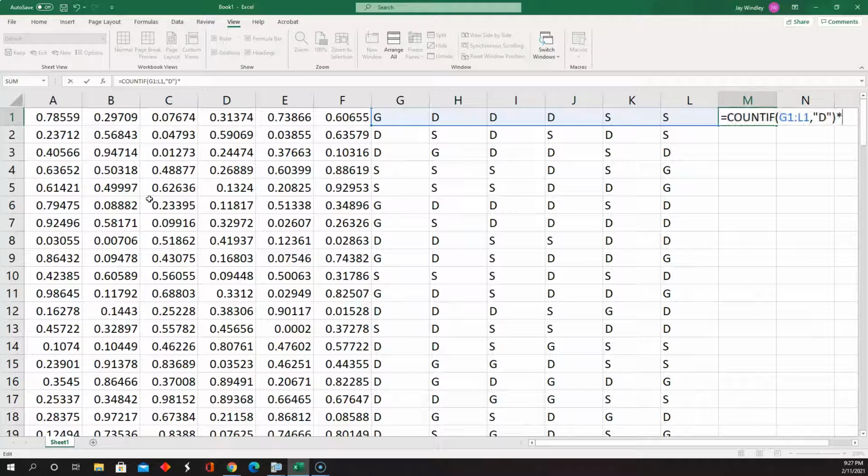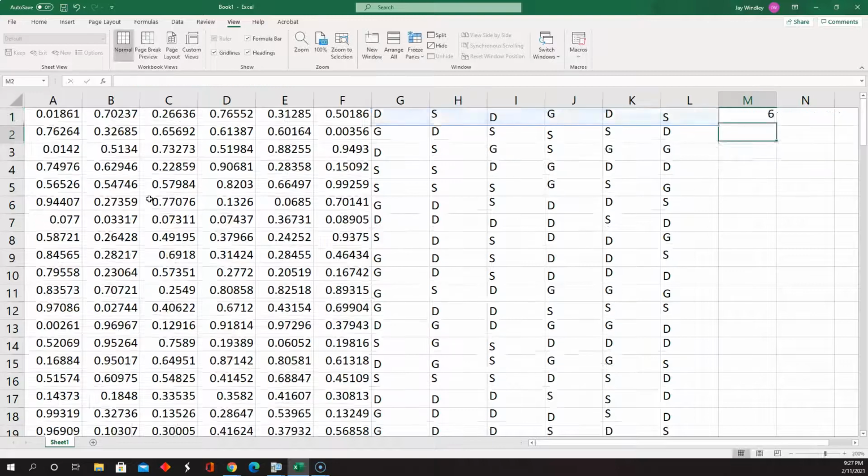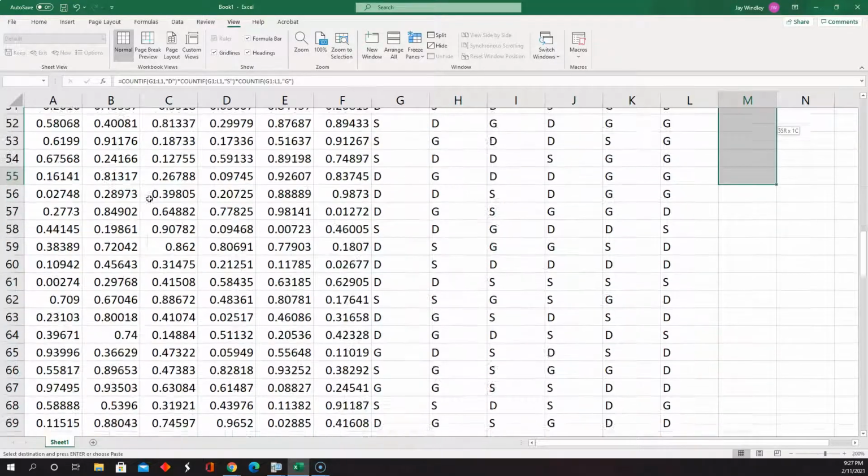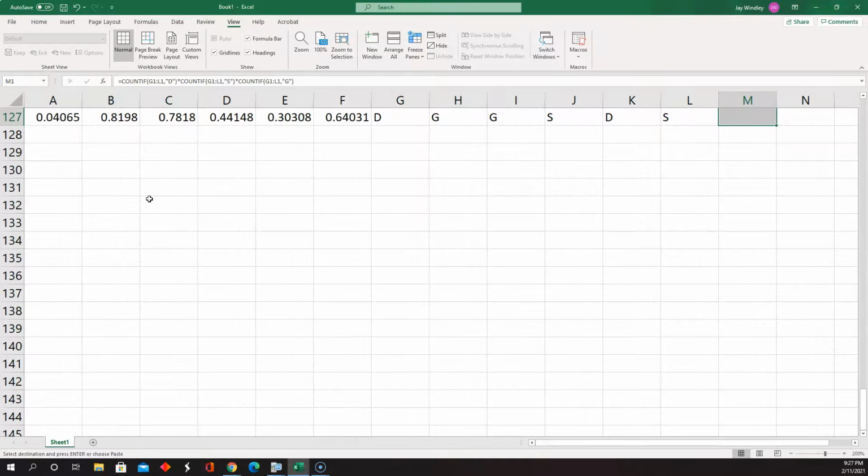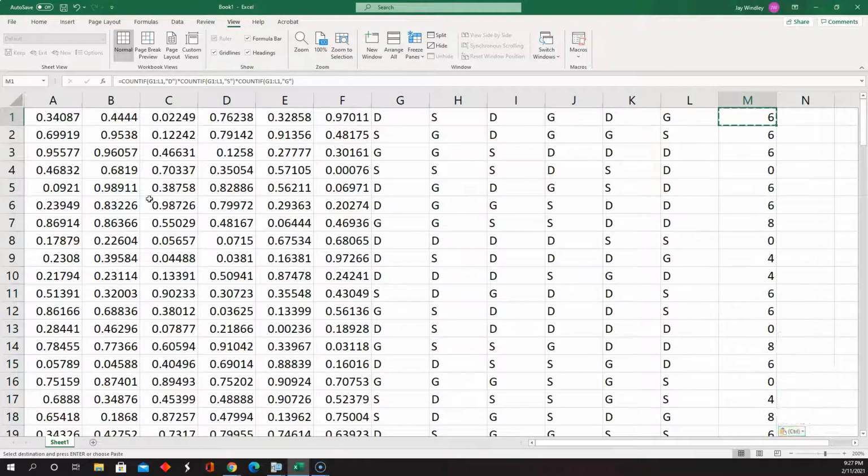And we're going to multiply that by the number of swing shift we have. And we're going to multiply that by the number of graveyard we have. And if that product is ever 0, then we know that one of the shifts is missing. In this case, we got all swing and day and no graveyard.